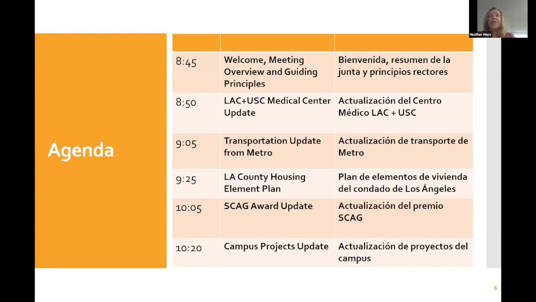We're going to hear the SCAG Award update. As you may recall, a couple months ago, Supervisor Solis's office went forward with an application for a SCAG award and HICP endorsed that application. We'll hear a little more today about that process. And of course, we're going to hear some more on campus projects. We have some very exciting updates and news to share with you about what's going on at the LAC-USC campus.